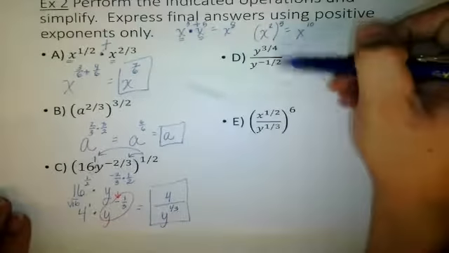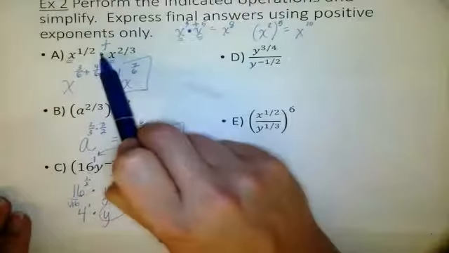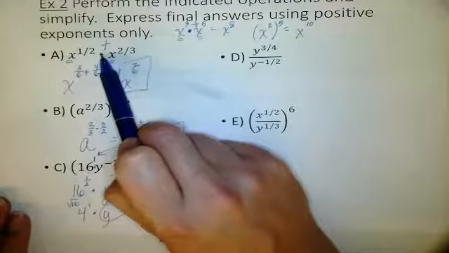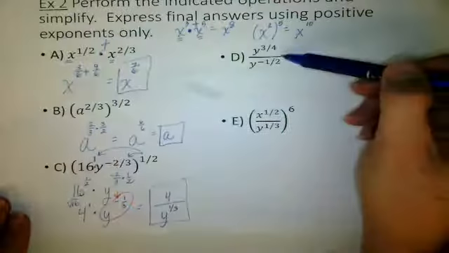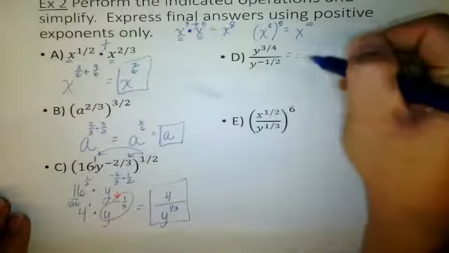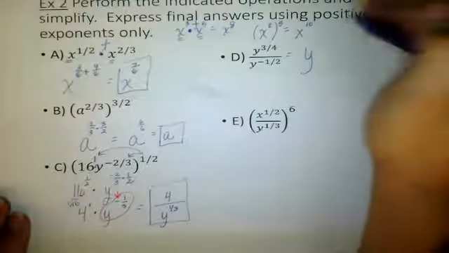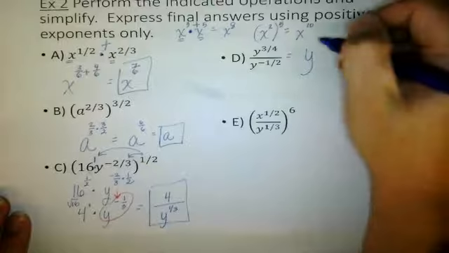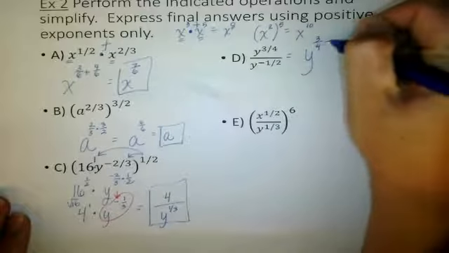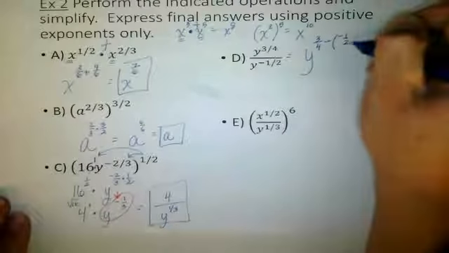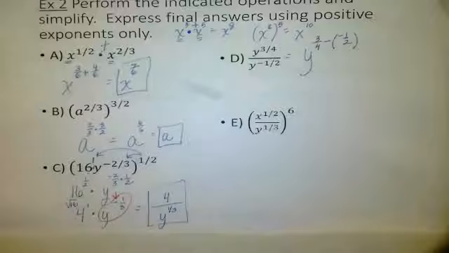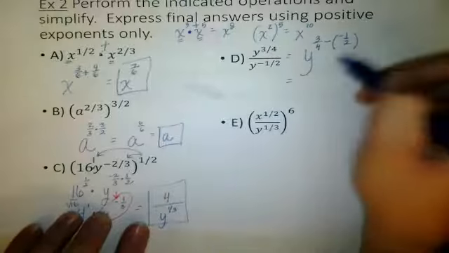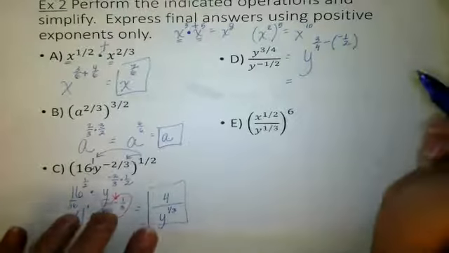In a multiplication problem, what do we do to the exponents? Add. What do we do in a division problem? Subtract. The base stays the same, and we subtract the exponents, top minus the bottom. 3/4 minus the negative 1/2. So what do we need to do in order to combine that exponent there?